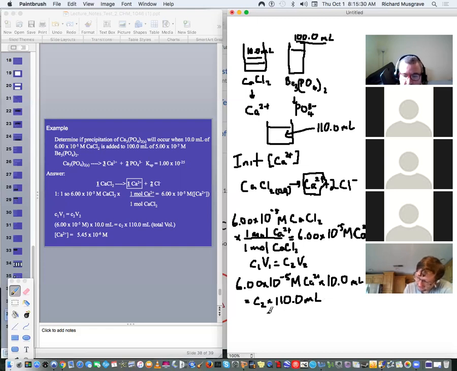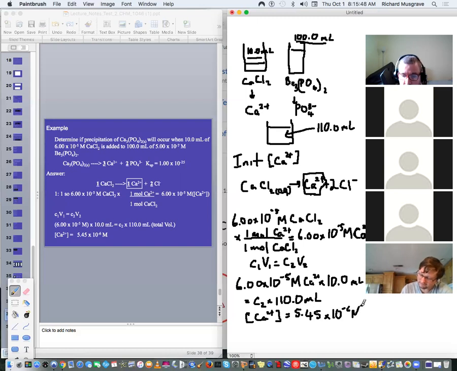So when you calculate this, the final concentration of Ca2 plus in that solution is going to be 5.45 times 10 to the negative 6 molar.